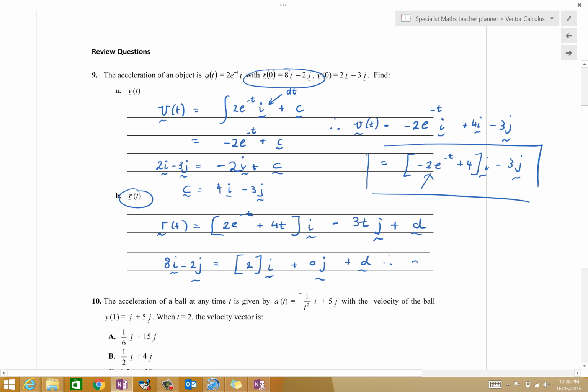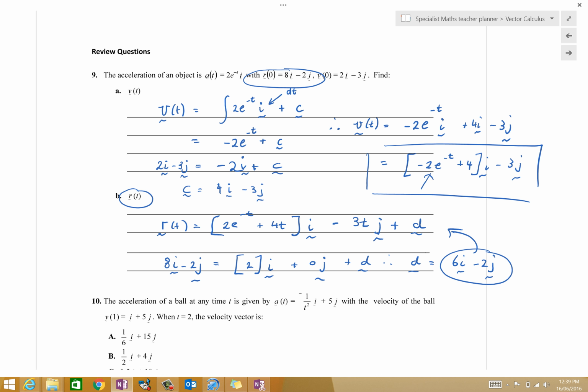So therefore, subtract 2i from both sides, d is equal to 6i minus 2j. So now I just get that 6i minus 2j, and that goes there. And there's our expression.